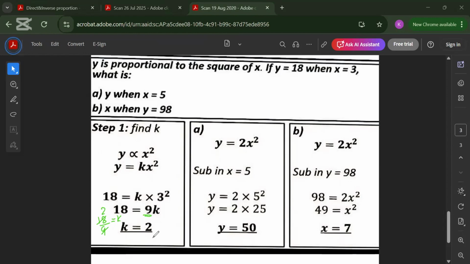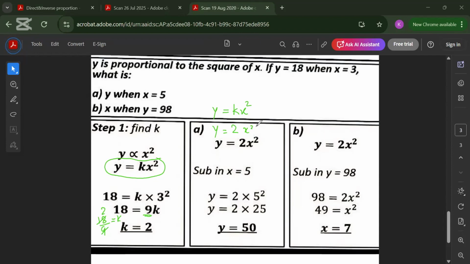Okay, moving on to the next step. Directly we have got y equal to 2x square. Let's check out how we have got it. We have got the formula y equal to kx square. In step 1, we have got the value of k as 2. So it will be y equal to 2x square. Then substituting the value as given in part a, we get 5 square, 25.